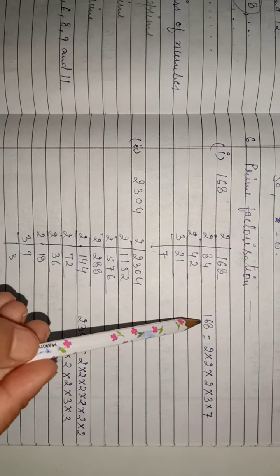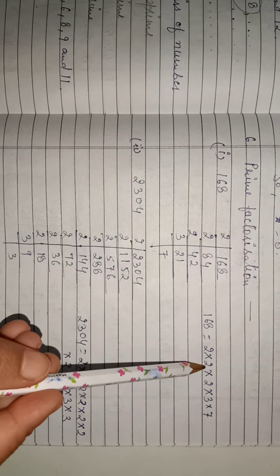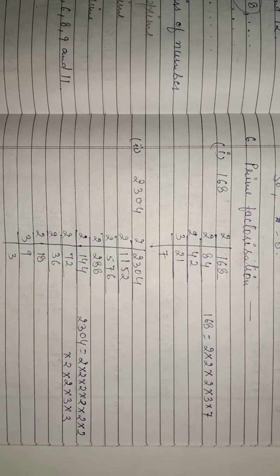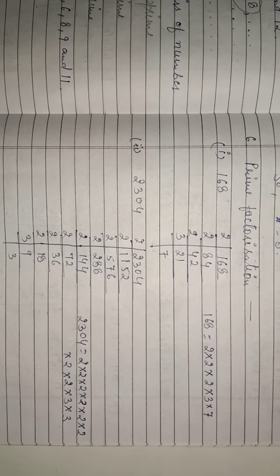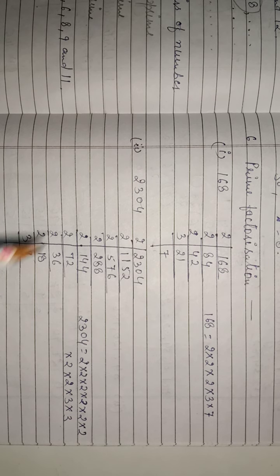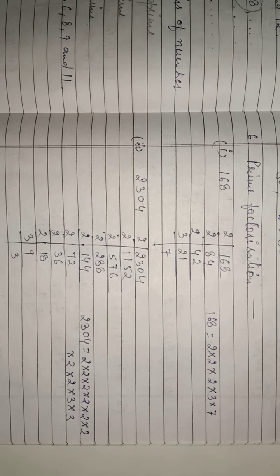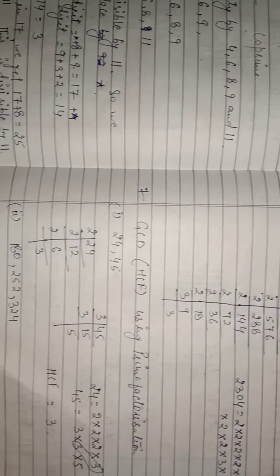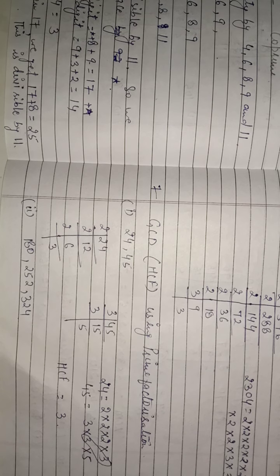So the prime factorization of 168 will be 2 into 2 into 2 into 3 into 7. So same as this, we can find the prime factorization of the next one, 2304.